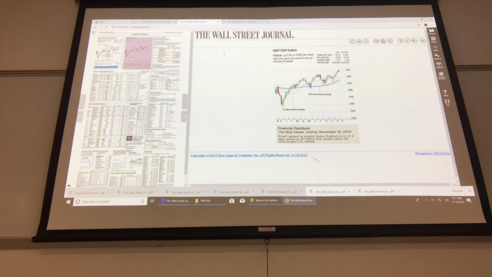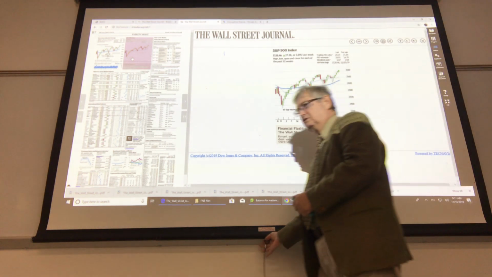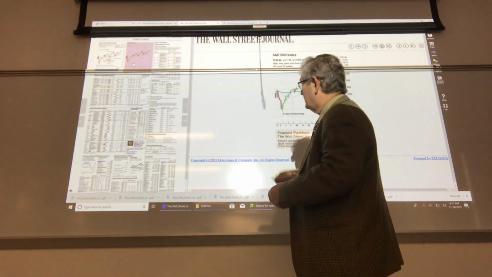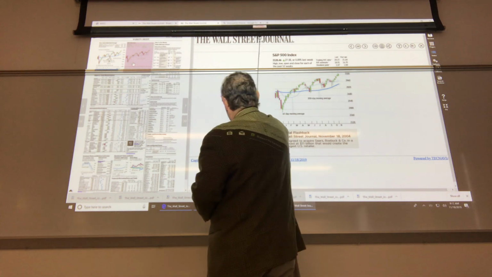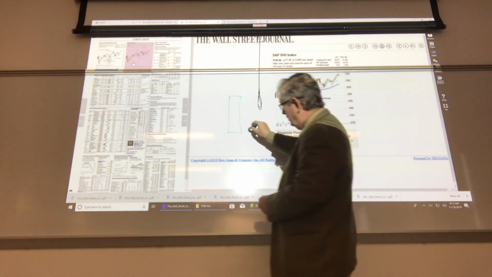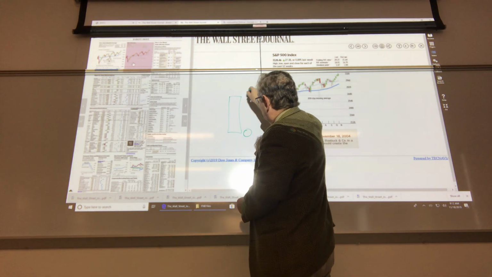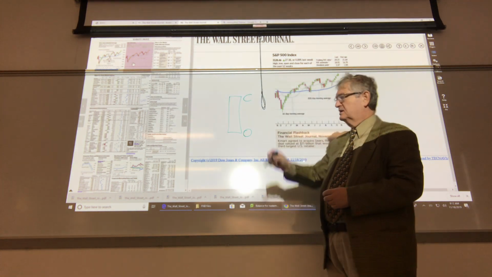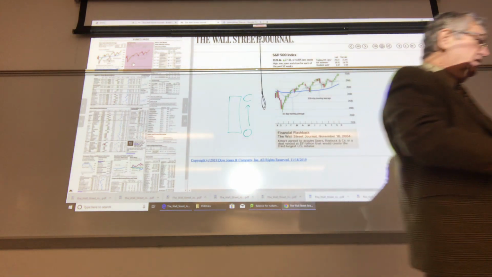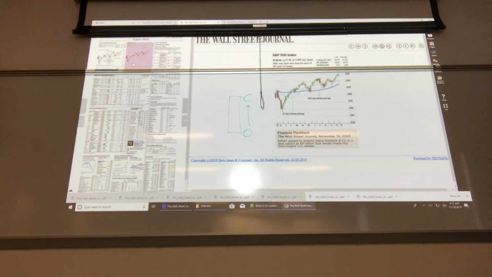And the meaning of this particular graph is something very important. It says, if you have a period of time, you compare the opening price and the closing price, when we start and when we finish. If the closing price is higher than the opening, the price is going up.